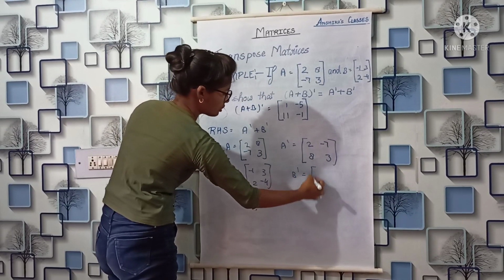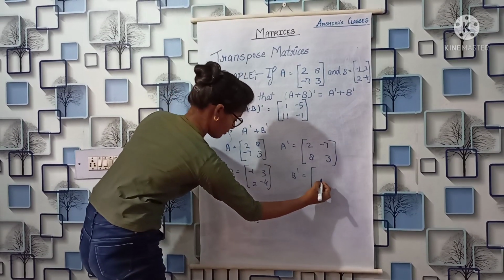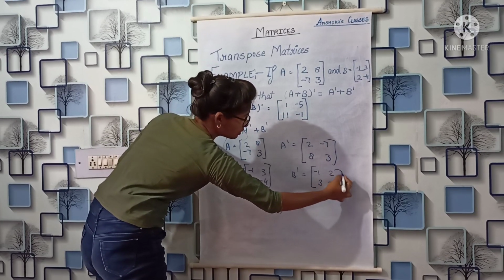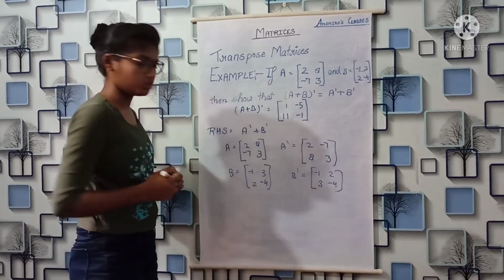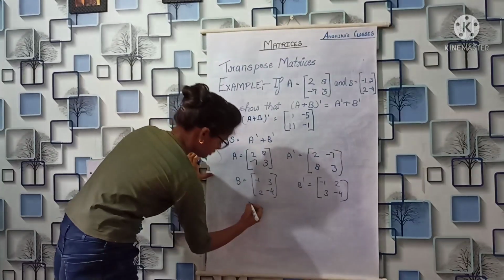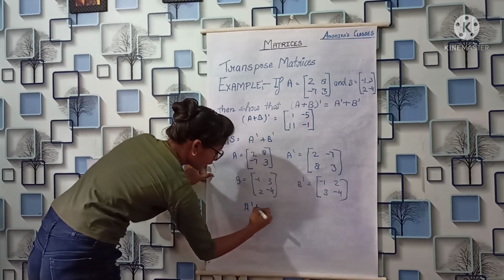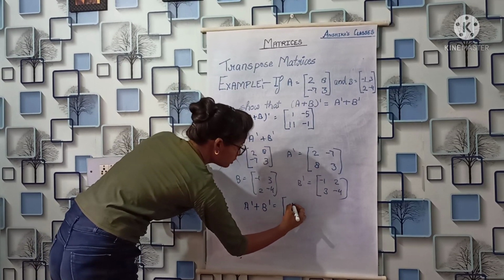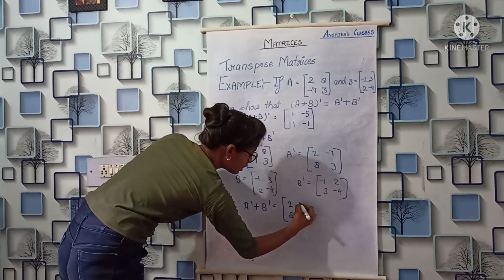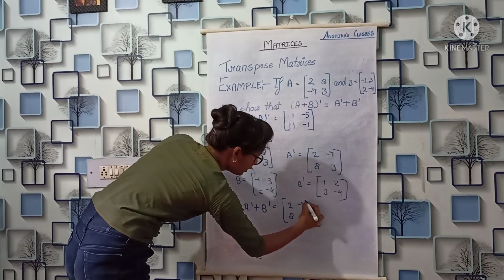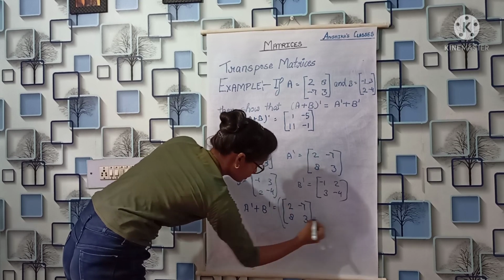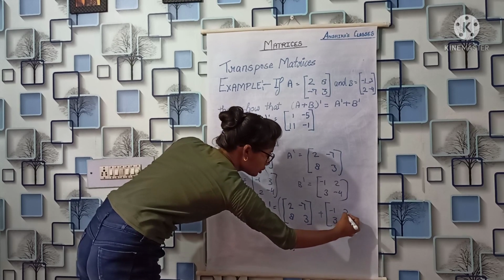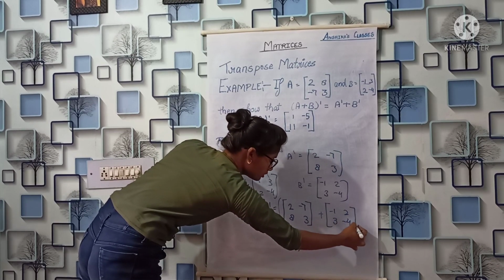B dash is equal to minus 1, 2, 3, minus 4. Then put the value. A dash plus B dash is equal to 2, 8, minus 7, 3 plus minus 1, 2, 3, minus 4.